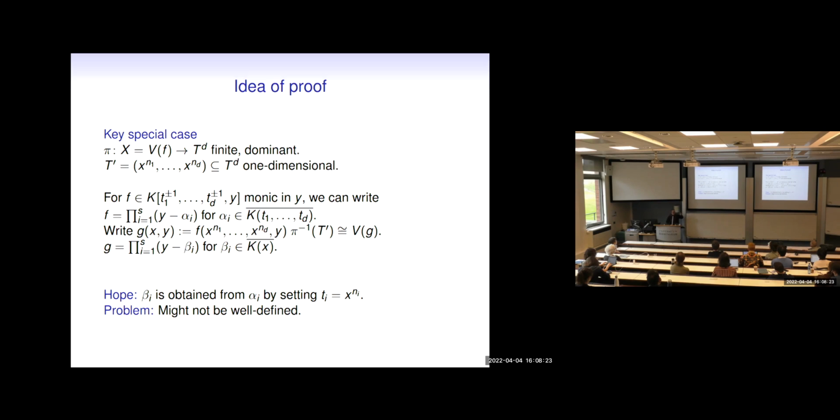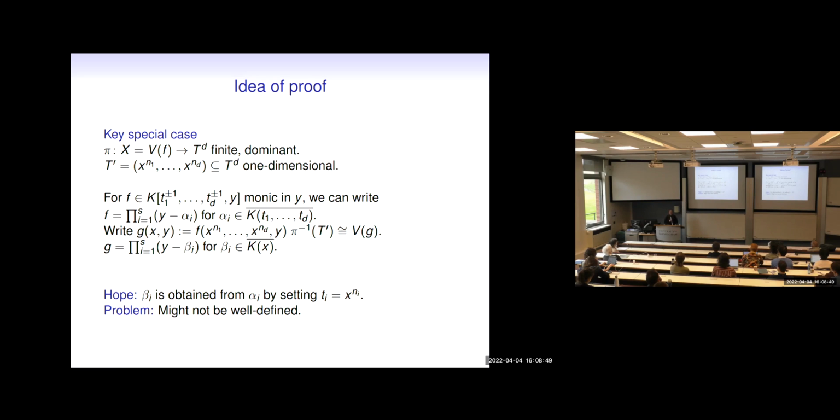And this is why, to come back to Miles's question, I wanted the algebraic closure of the field of rational functions, not the Laurent series at this point. A 1-dimensional subtorus will look like x to the n1 up to x to the nd, where I'm just choosing integers n1 up to nd.